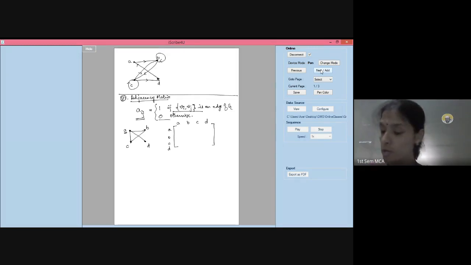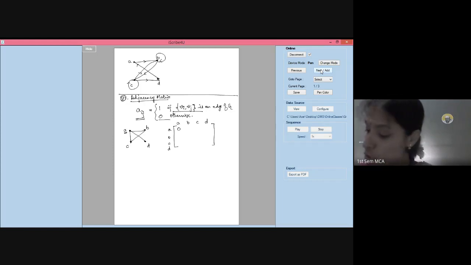So this will be 0. If there is an edge between any two vertices, that entry will be shown as 1. If there is no edge, then it is 0. If there is a loop, you should show it as 1. If there is no loop, it is 0. So for the vertex A, there is no loop, so it will be 0.